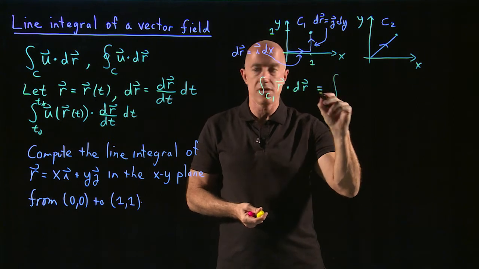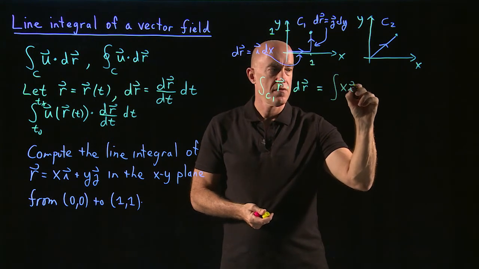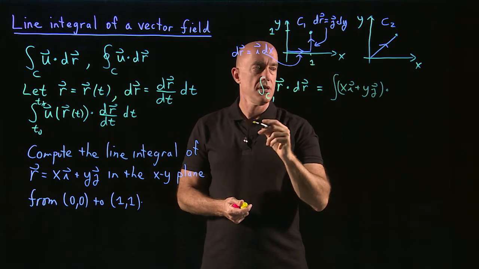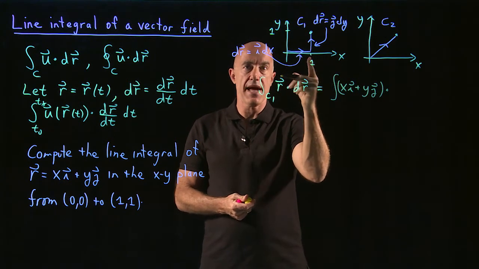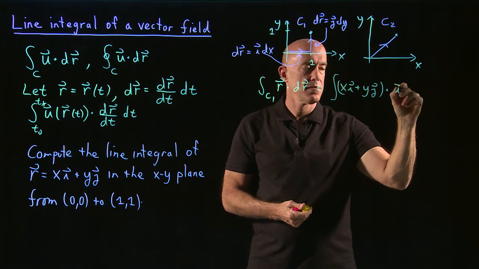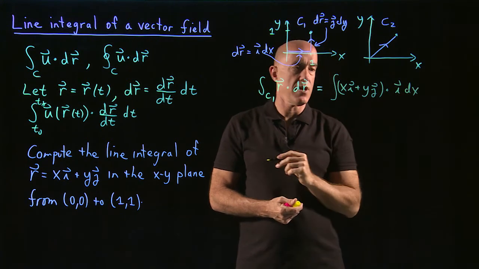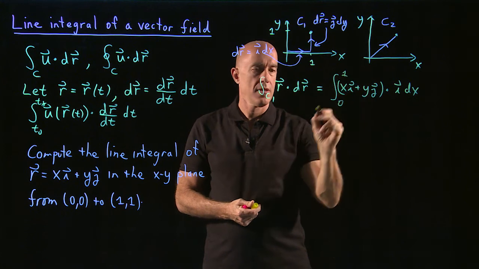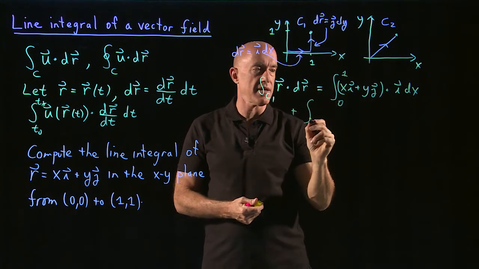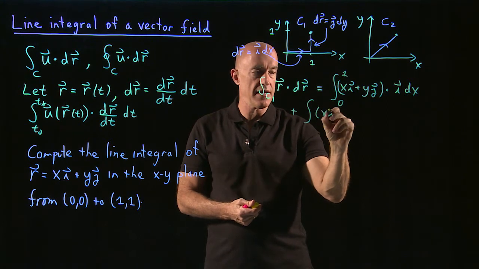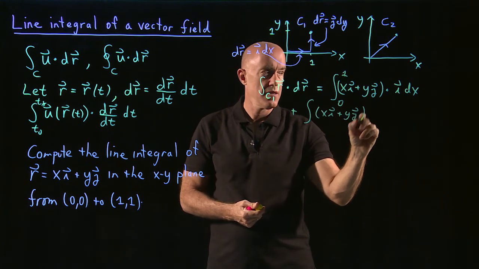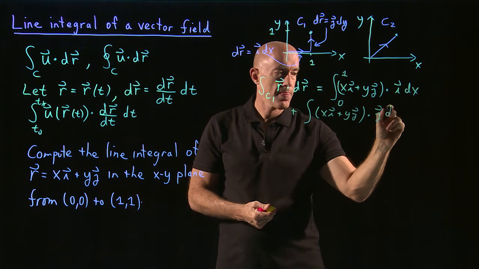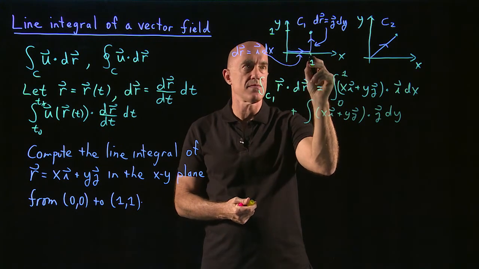It's the integral of xi plus yj, dotted into the first path, which would be i dx, and here x will go from 0 to 1, plus the second line segment, r equals xi plus yj, now dotted into j dy, and y then goes from 0 to 1 also.